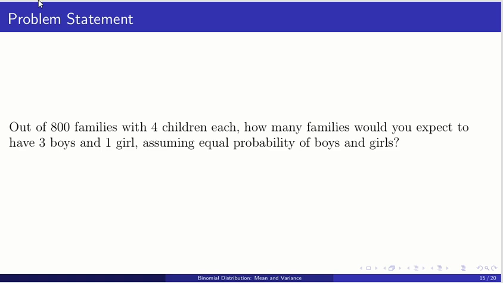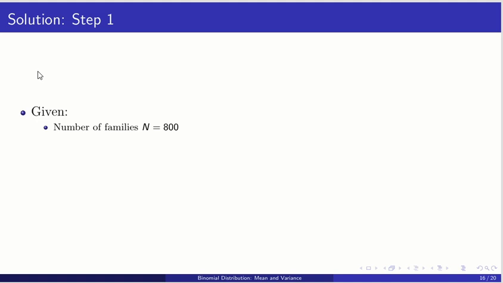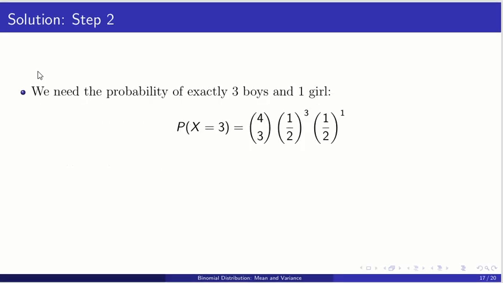Out of 800 families with 4 children each, how many families would you expect to have 3 boys and 1 girl, assuming equal probability of boys and girls? So this probability it is asking. Given number of families, capital N, is 800, number of children, small n, is 4, probability of boy is half because of equal probability, and probability of girl is half.